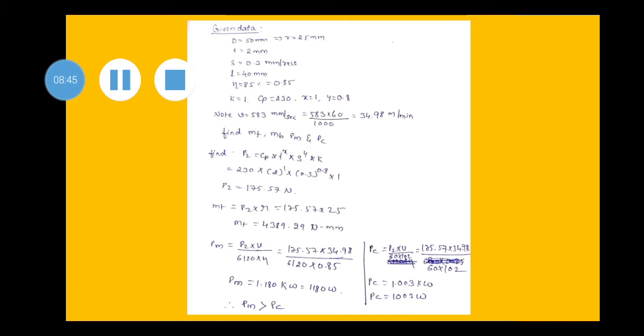Mt is equal to 4389.29 Newton millimeter. Here Pm is Pz into V divided by 6120 into eta, that is Pz is 175.57 and V is 34.98 divided by 6120 into 0.85, that is Pm is equal to 1.180 kilowatt, converted to 1180 watt. So Pm is greater than Pc.